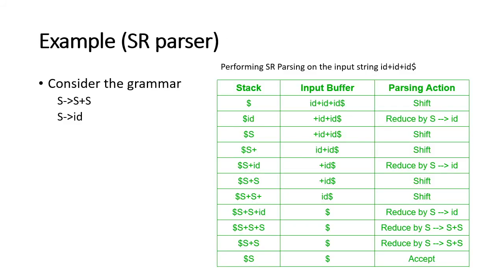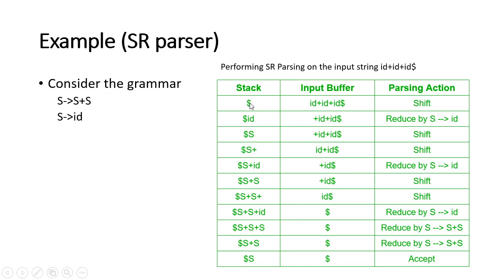Now let us see an example of shift reduce parsing. Consider the grammar S derives S plus S and S derives ID. You can see how it is performed using shift reduce parsing.